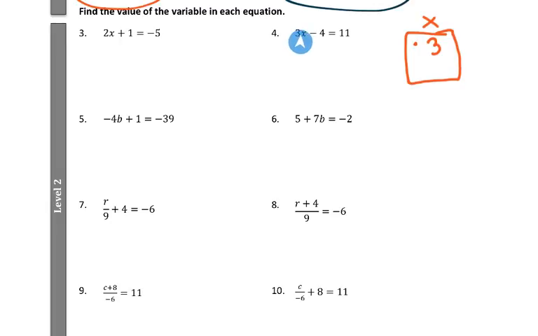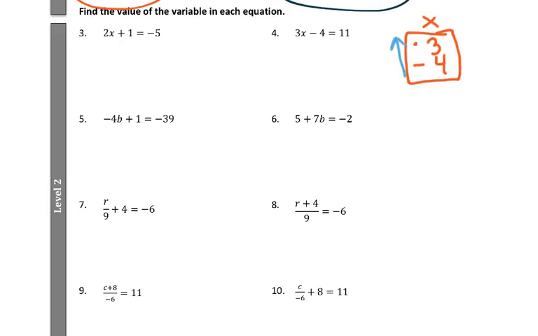There's no plus, minus, or divide. They could have put a multiplication sign, but they usually don't because 3 times x gets really confusing. So it's really common to just leave out that multiplication sign when you want to multiply a number and a variable. Okay, so 3x, and then we've got minus 4.